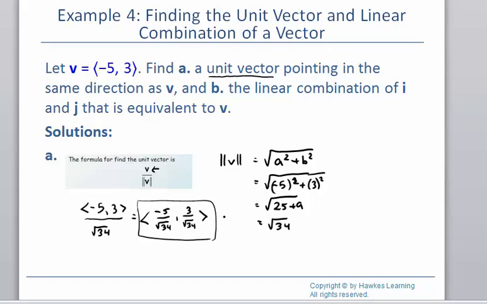Part B asks me to find the linear combination of i and j that is equivalent to V. This is bringing into play the concept that we can take a vector and write it in what is called i-j form instead of writing it in this component notation that we have been talking about.